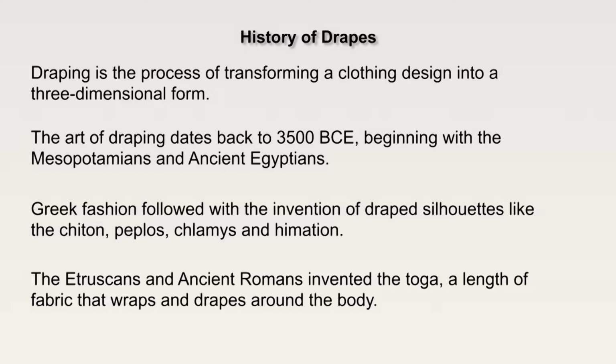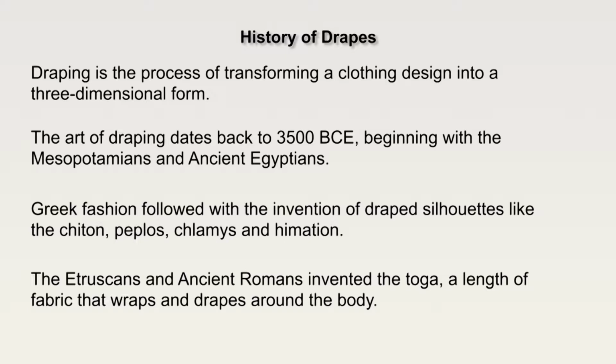History of draping. Draping is the process of transforming a clothing design into a three-dimensional form. The art of draping dates back to 3500 BC, beginning with the Mesopotamians and ancient Egyptians.